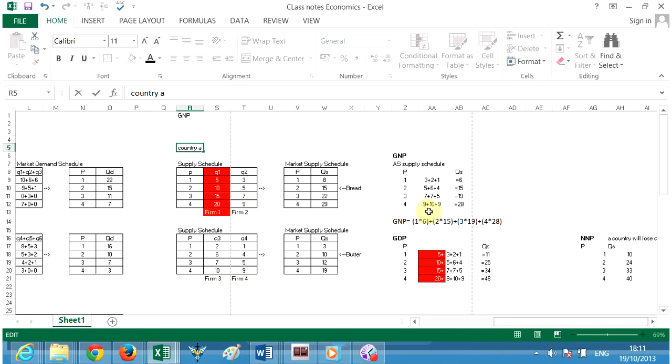That contributes to GDP. Now the difference is GNP: this firm 1 happens to have a factory within country A, but firm 1 is from country F, another country.